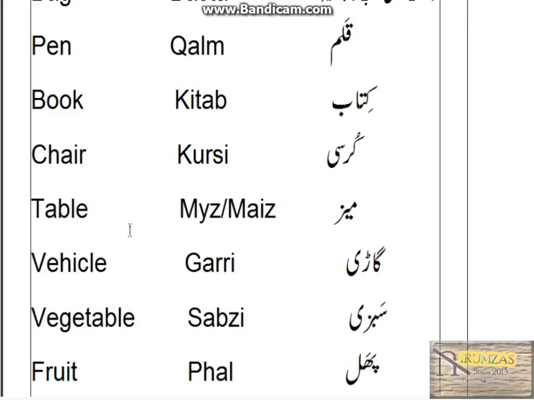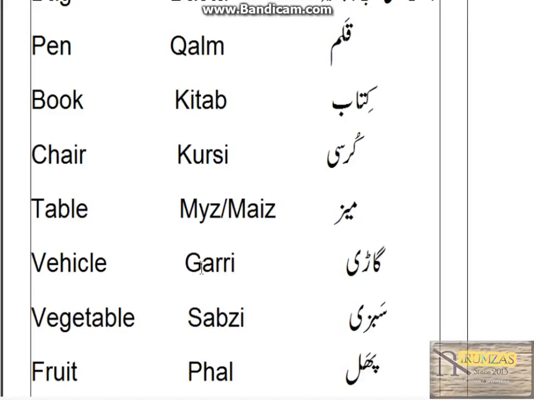The next one is table, maze. We can write it as MYZ or MAIZ. Both are the same because AI or Y is representing the ye. Vehicle, gadi.